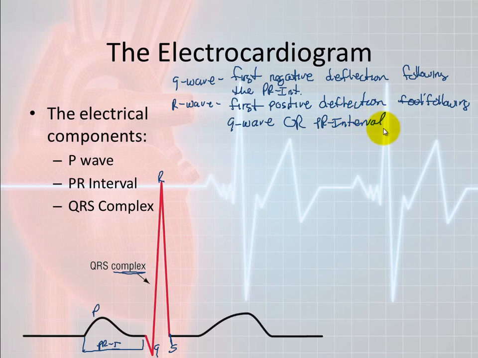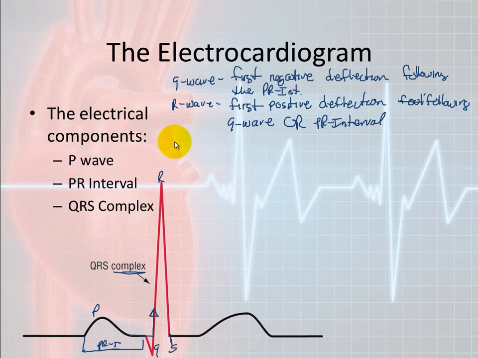The reason I say that is because you might not have a Q wave, and it might be okay that you don't have a Q wave. So it's very possible that you could have a PR segment right here, your PR interval, and then it bypasses the Q wave and goes directly up, and it is the first positive deflection. So it's still classified as an R wave because it is the first positive deflection following the PR interval.